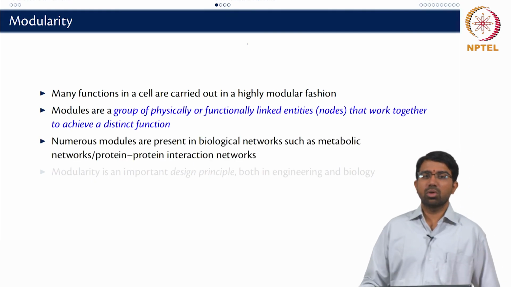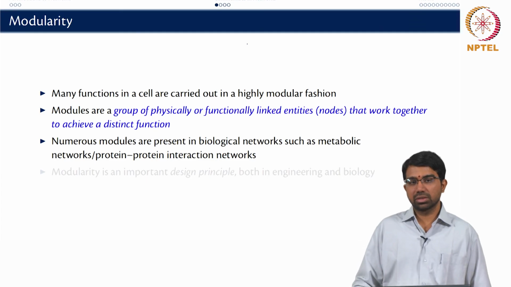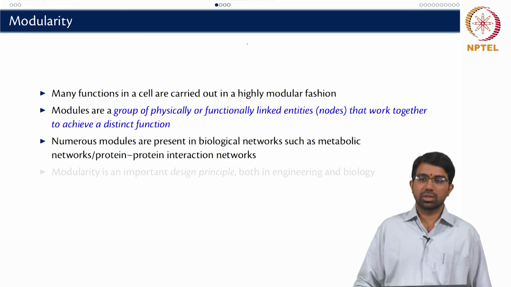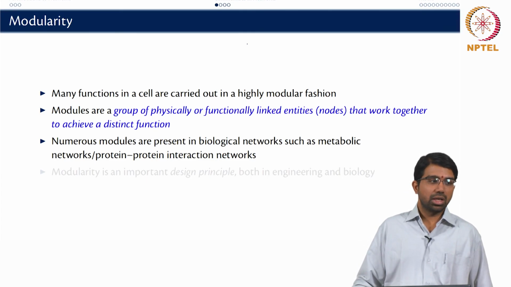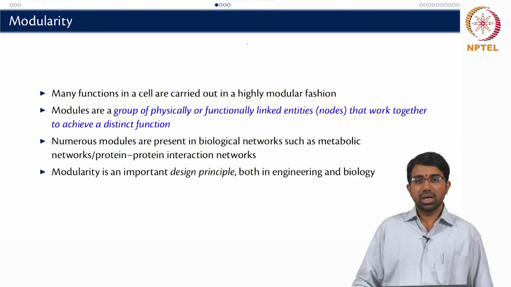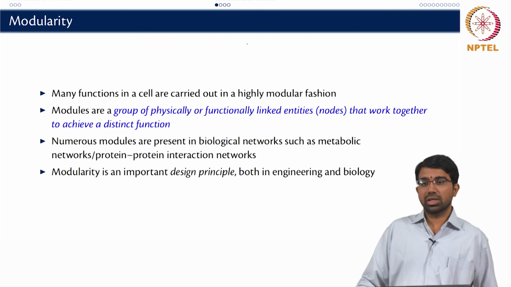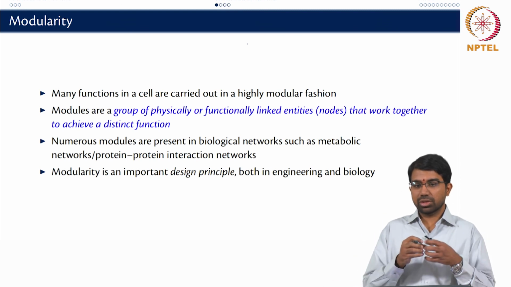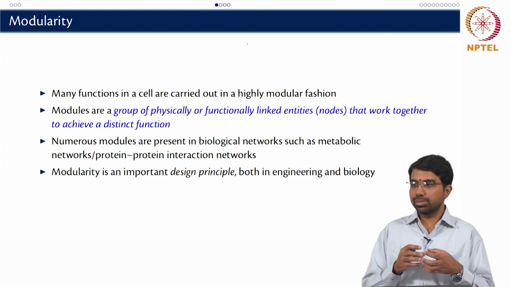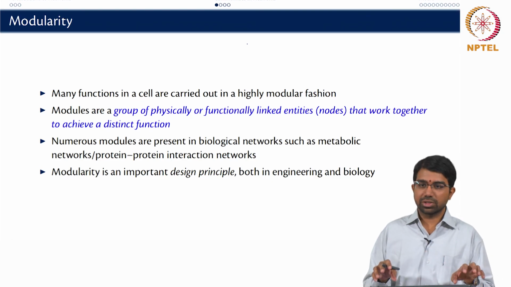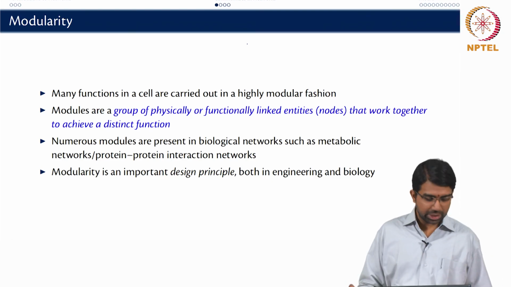And there are many modules in different types of networks, be it a gene regulatory network or a signaling network or a protein interaction network and so on. You could think of pathways in metabolic networks being modules, and it is an important design principle both in engineering and biology. It helps in some sort of decoupling, and it helps insulate different functions. Many kinds of useful outcomes are there for modularity.